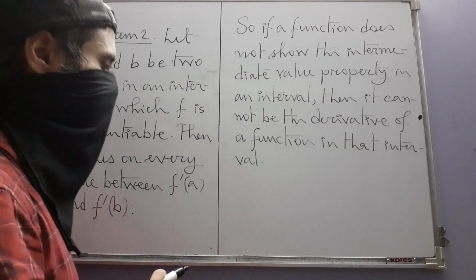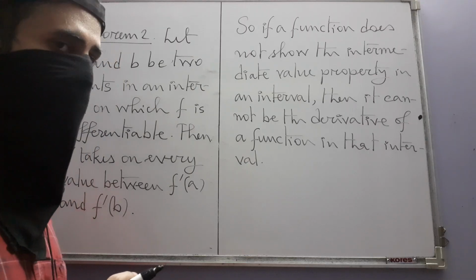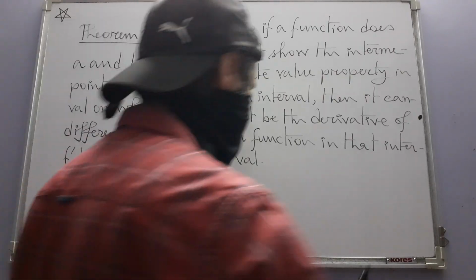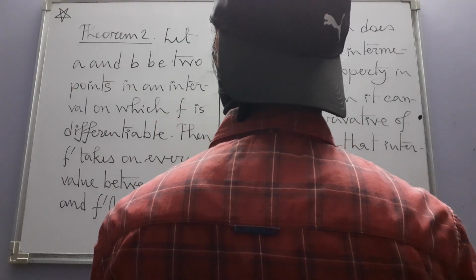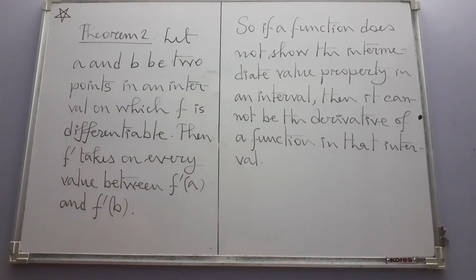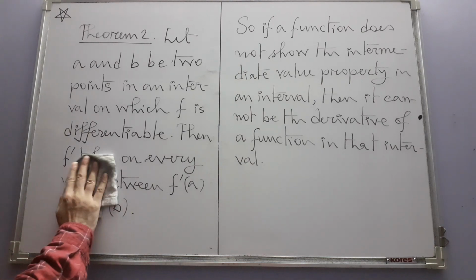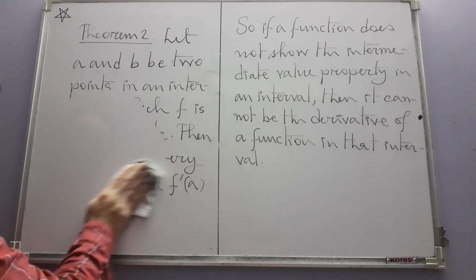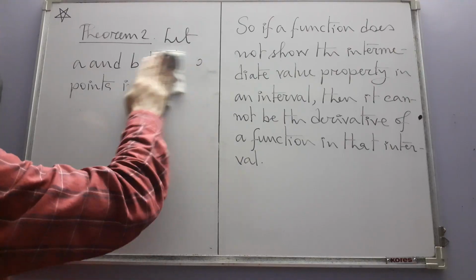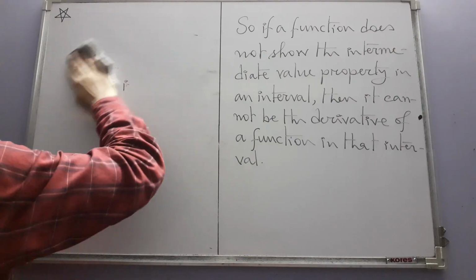For example, if you consider the unit step function, let us recall that function by looking at its graph. And let me draw the graph there on that side. The unit step function takes only two values, 0 and 1.